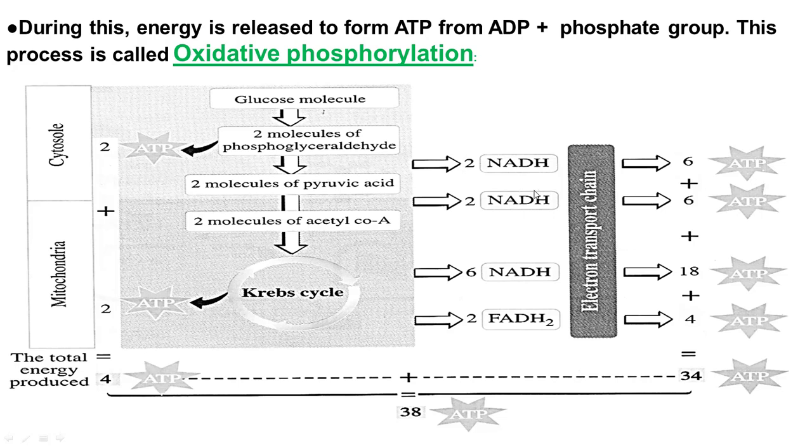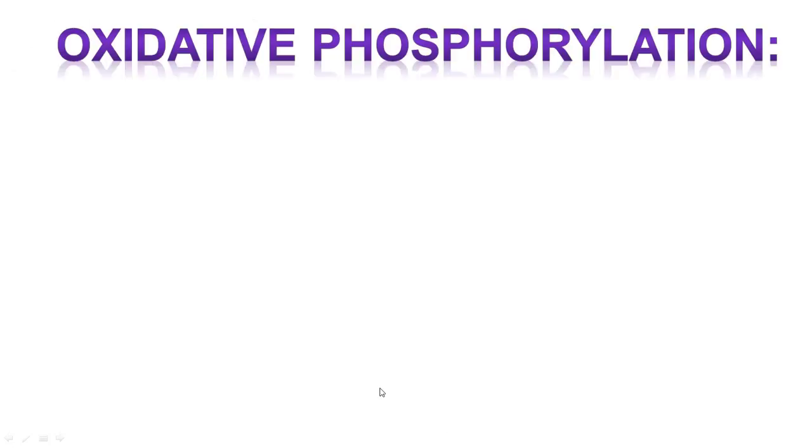Between glycolysis and the Krebs cycle we have 2 NADH, don't forget, also 6 ATP. 6 NADH in the 2 Krebs cycles gives 18, and 2 FADH times 2, in the 2 Krebs cycles, equals 4, so the total is 34. And we also have 2 ATP in the Krebs cycle, 36, and also 2 ATP in glycolysis, so the total number is 38.